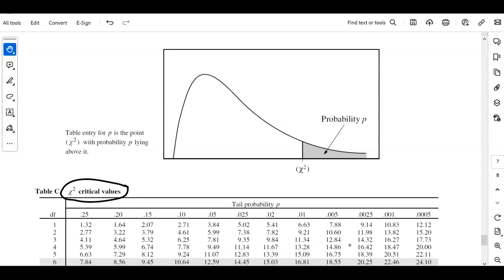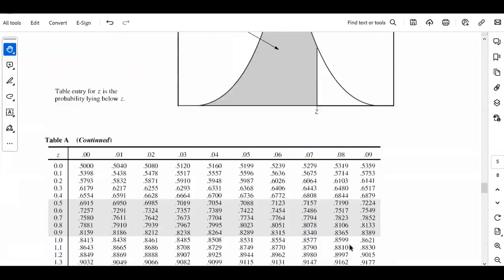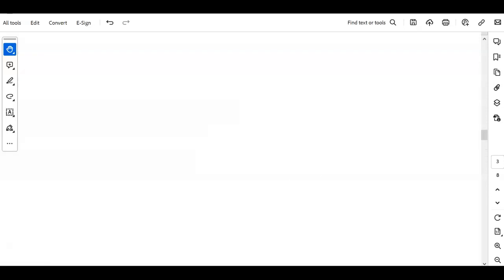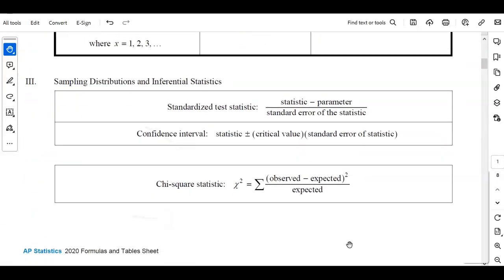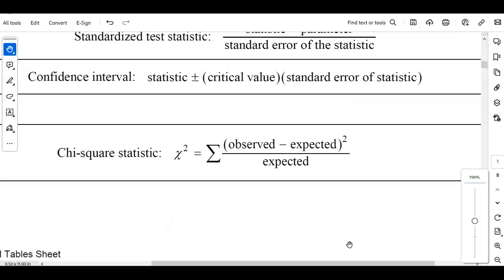As you'll look at the formula up here on the first page, you can see our chi-squared statistic is the sum of, that's what this sigma here stands for, the sum of the observed values minus the expected value squared over the expected value. So we have this ratio, and notice when we square it, it's always going to end up positive. That's again why it's skewed and close to zero.